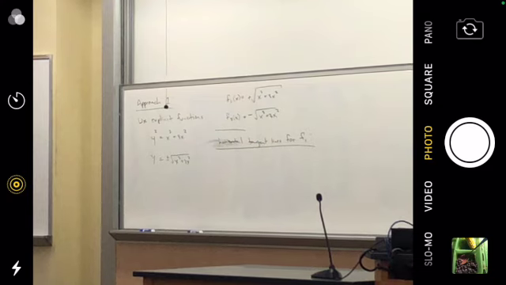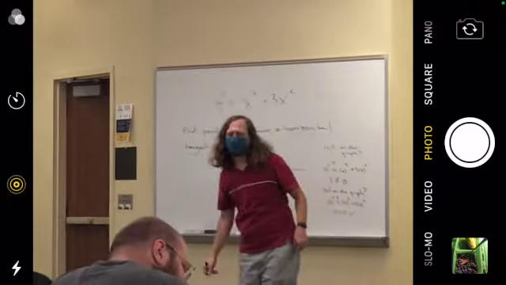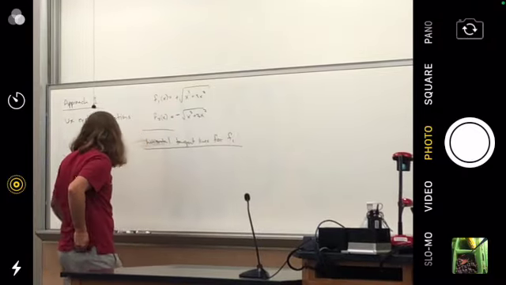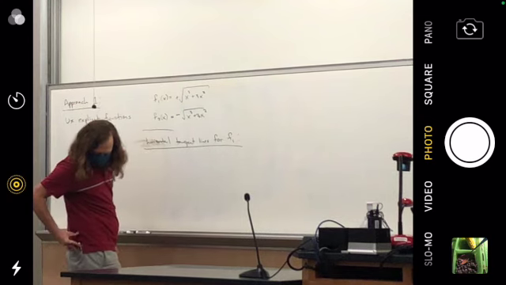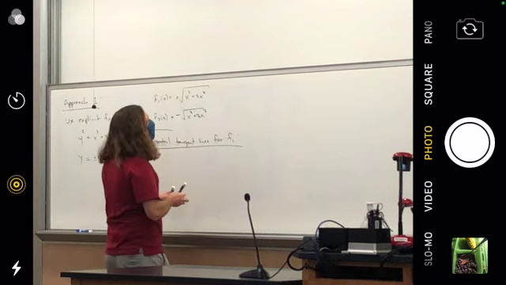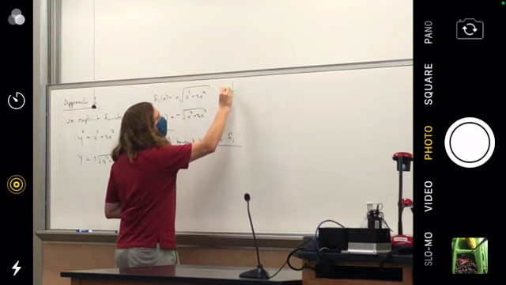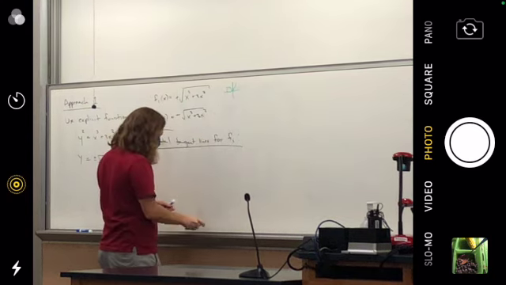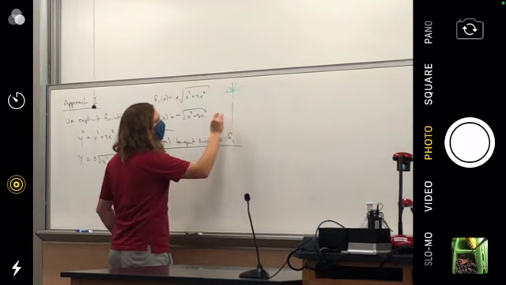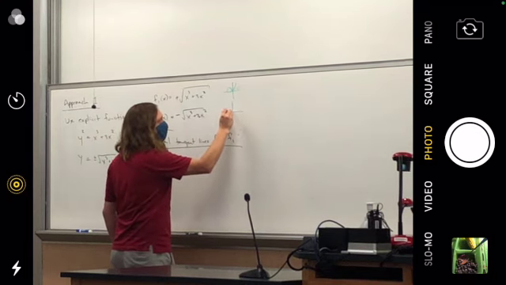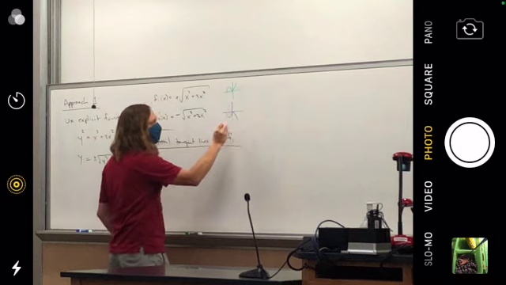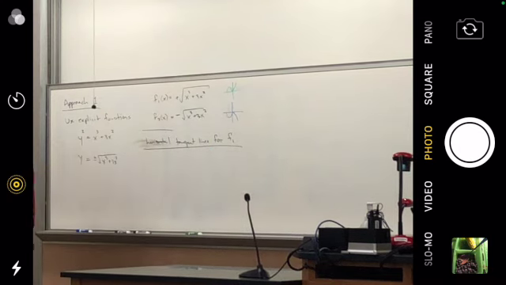Whatever I do for f1, basically redo it all for f2, trying to find all the answers. So, just to keep a picture in mind, f1 looks like this, and f2 looks like this. One of these is the top root, one of these is the negative root.